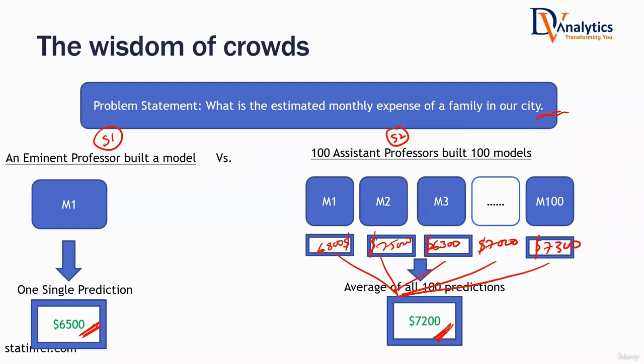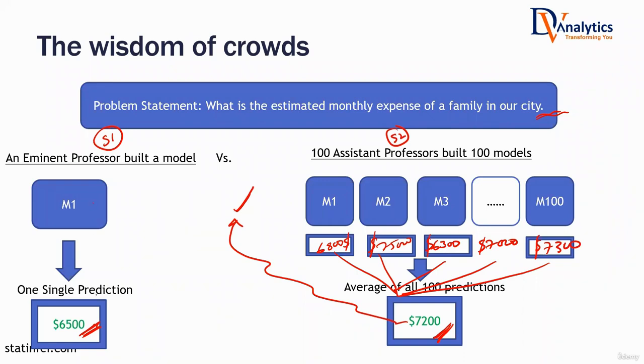Scenario 1, where one professor built a model, or scenario 2, the average of 100 professors? In real life, many experiments have been done, and most often this average of 100 models has a very high chance of being near the actual value.